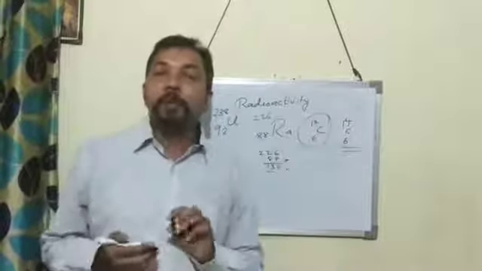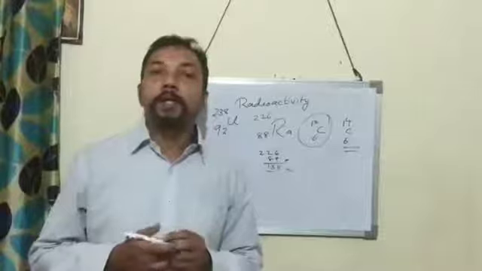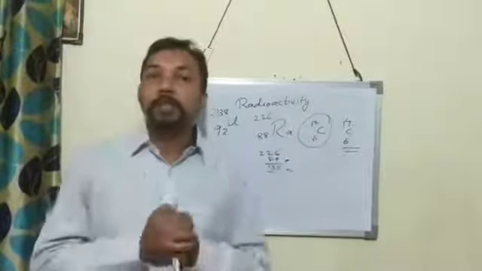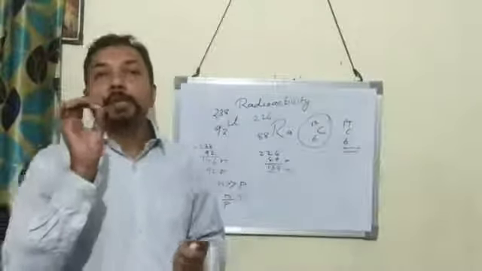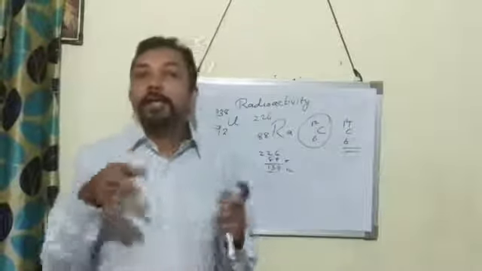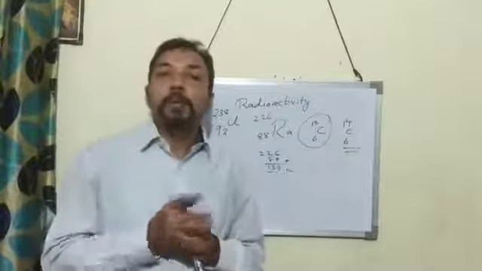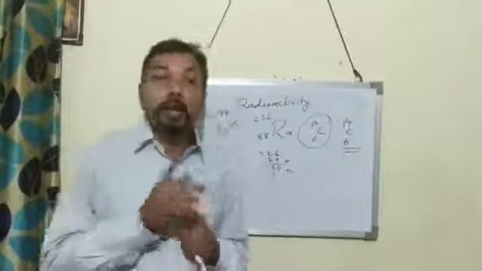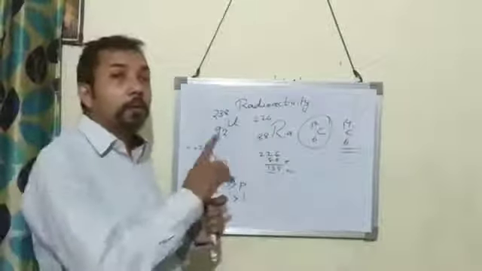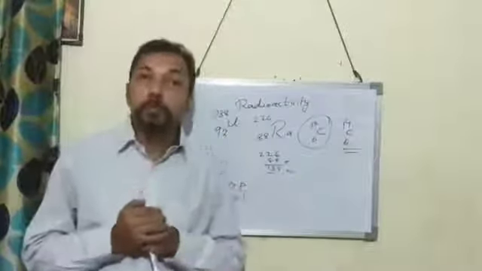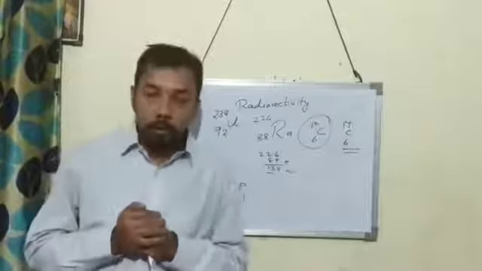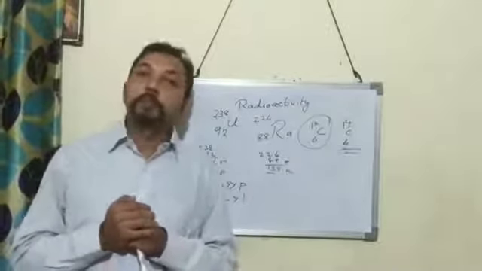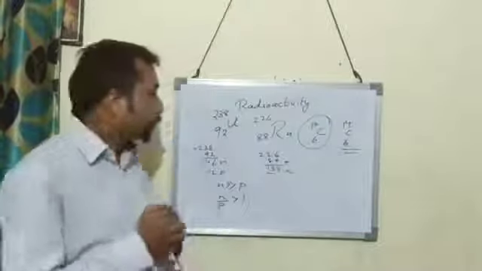So radioactivity is a nuclear phenomenon, the spontaneous emission of radiation from the nucleus of the radioactive substance. It takes place only when the nucleus becomes unstable, when the number of neutrons is much more than the number of protons, or the neutron to proton ratio is more than 1.